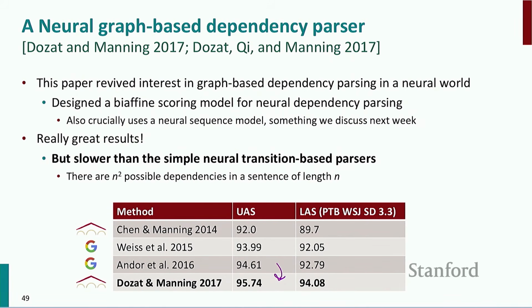So that got us to 2017. I mean, obviously this is still a few years ago, but to get further into the latest parsing stories, we then need to get into the era of large language models, which I'm not doing today. But it's this neural graph-based dependency parser that's in Stanza, our open source parsing software that's available, and you can see it's using this algorithm as the more accurate one.